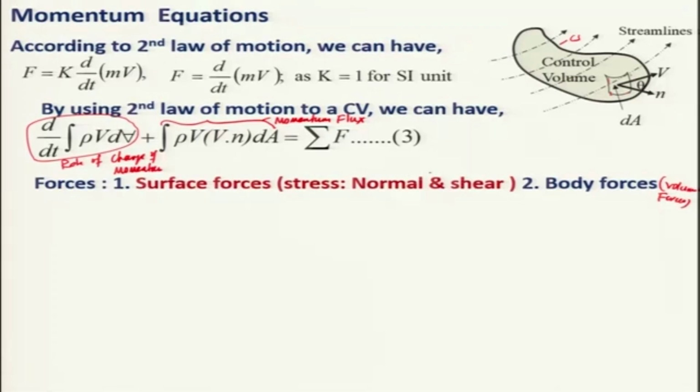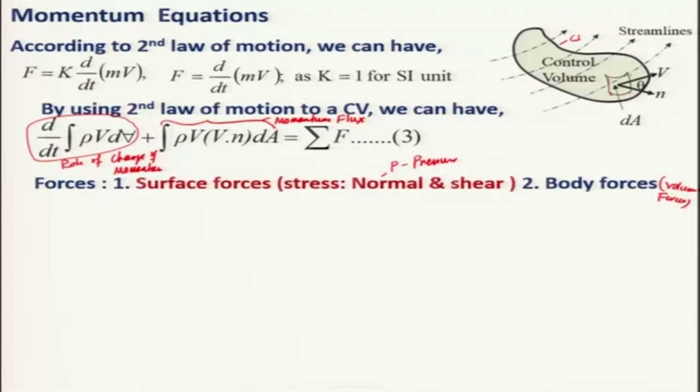The stress will be acting normal to the surface of this control volume, and that is basically the pressure. This is your pressure. And shear acts on the surface but along the surface, whereas the normal force acts normal to the surface.